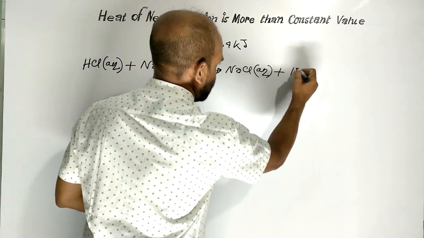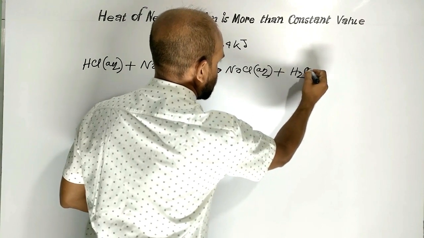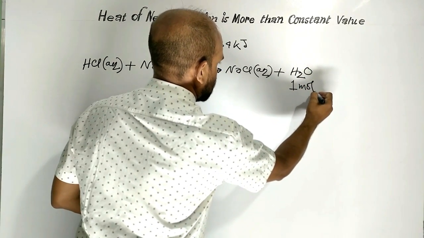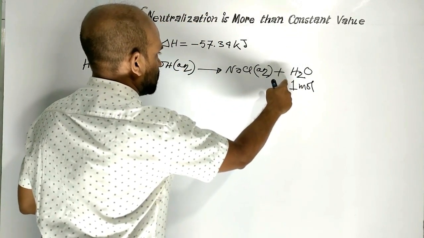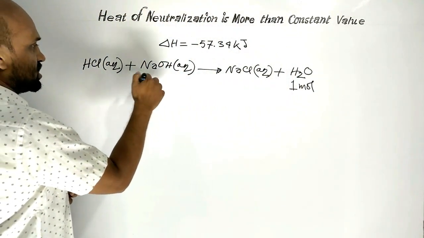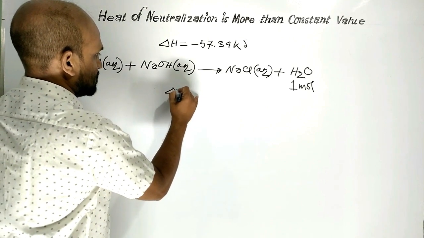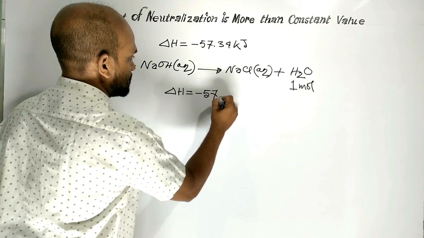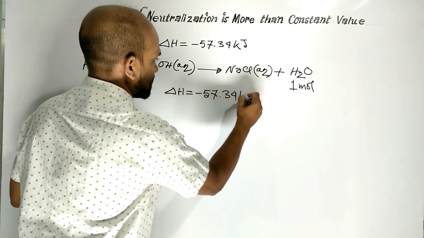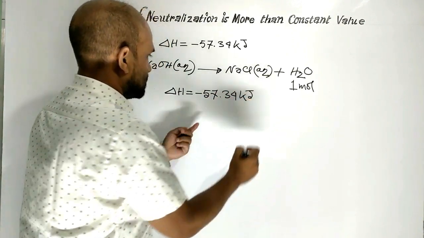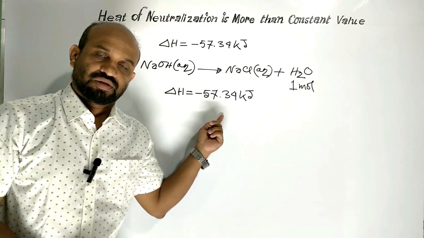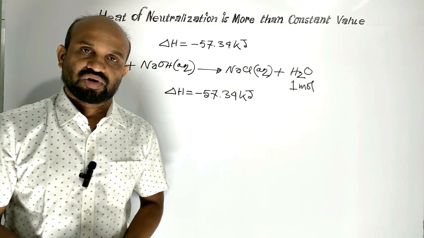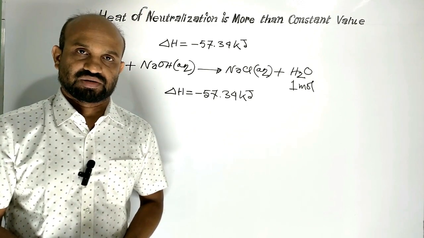At the same time, 1 mole of water is formed. With the formation of 1 mole of water from this reaction, this amount of heat evolves: 57.34 kilojoule. This is known as heat of neutralization, which is constant for strong acid and strong base.